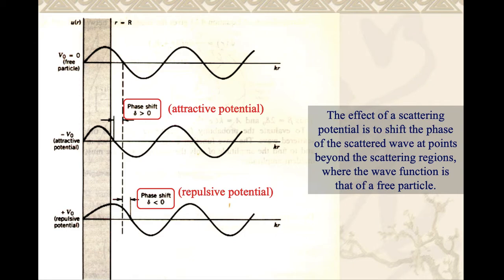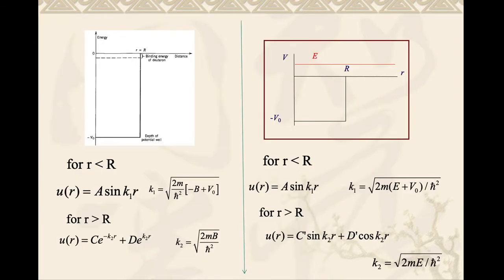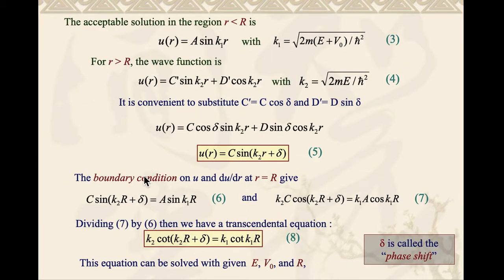It is a sinusoidally varying function. So we have shown that both are sine functions. This was our equation: A sin k1r, this is the value when small r is less than capital R, and c sin of k2r plus delta when small r is greater than capital R.